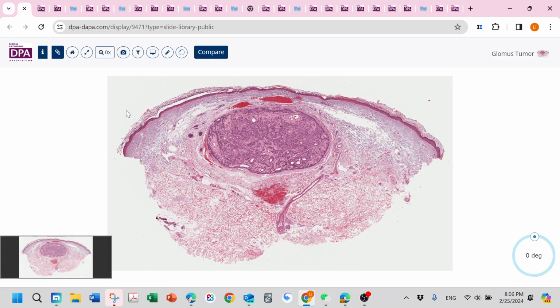Let's see the microscopic feature of the glomus tumor. So in low power, we already know that this is a well-demarcated, circumscribed tumor just in the dermis, without any connection to the epidermis. Even in low power, we know this should be a benign lesion because it is well demarcated and symmetric.